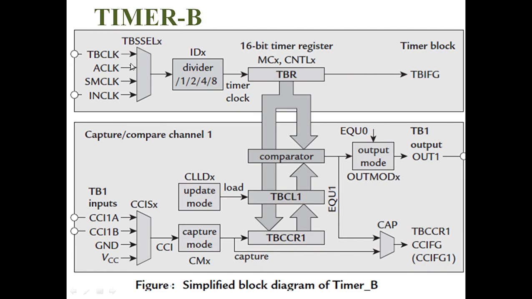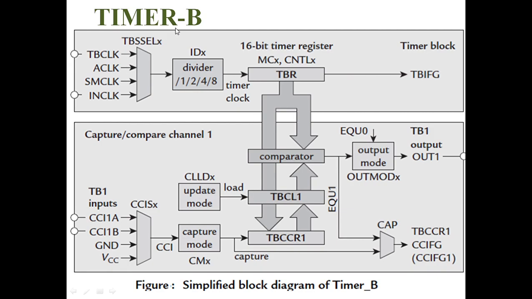That source may be coming from external signals, that may be the timer B clock signal from an external signal or input clock, or the clock may be coming from internal sources, meaning the on-chip clock system, that may be coming from the auxiliary clock or the subsystem main clock.